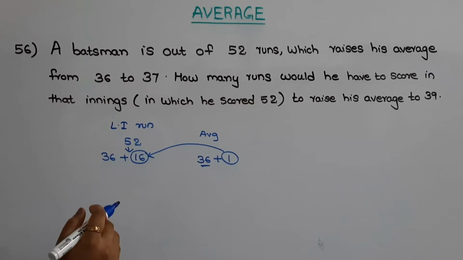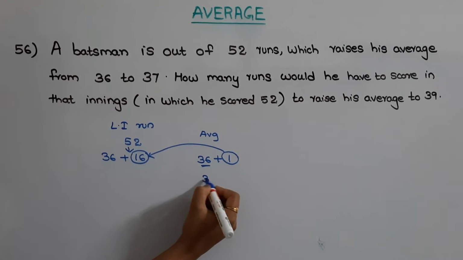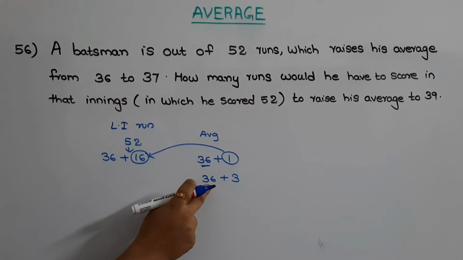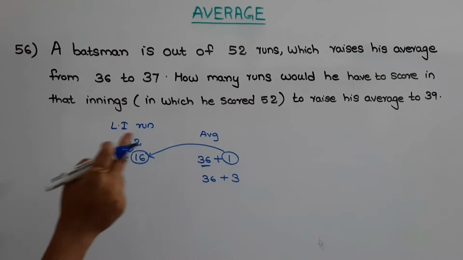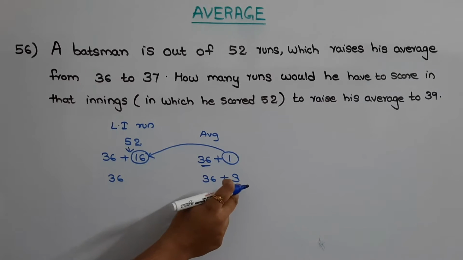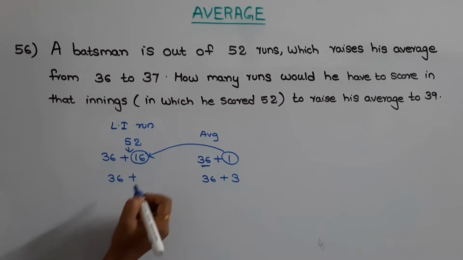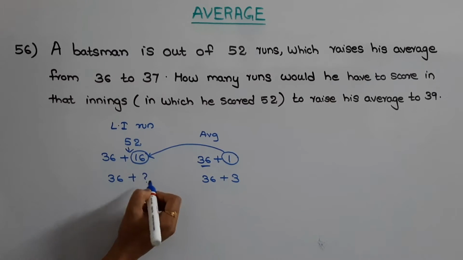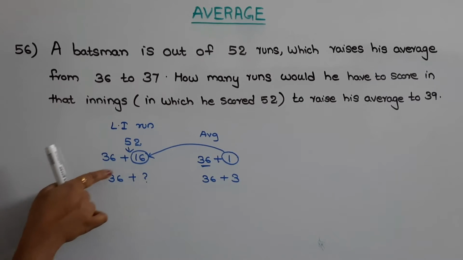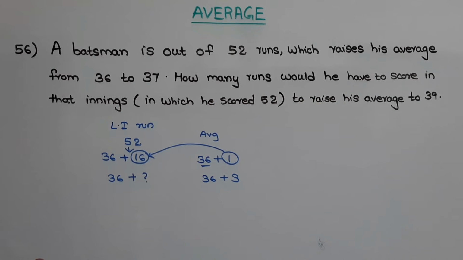Okay. So they are telling that in the second case the average is increasing by 3. Okay. So if the average is 36 itself, which means he would have scored 36 runs. Okay. But here the average is increasing by 3, which means he had scored some extra runs. If we find out this extra runs, we can find out the runs which he had scored in the last innings so as to raise his average from 36 to 39. Okay.